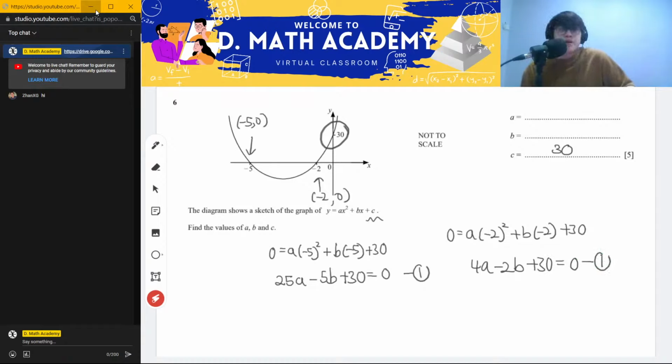Then from here, you can do your simultaneous equations and get your answers as well. That should be it for this question. So I'll just write down the steps shortly, then you can have a look at the workings.